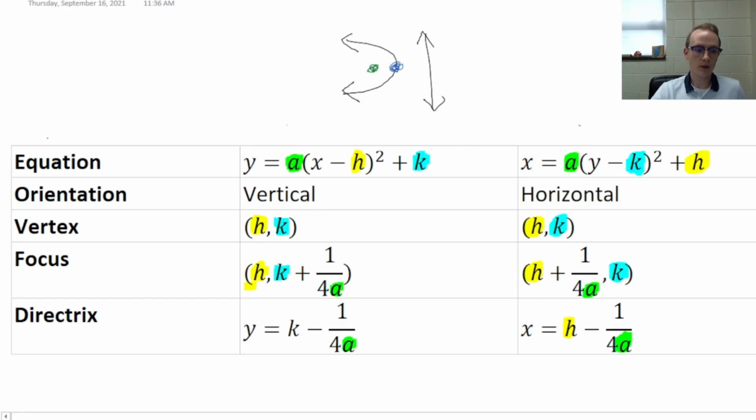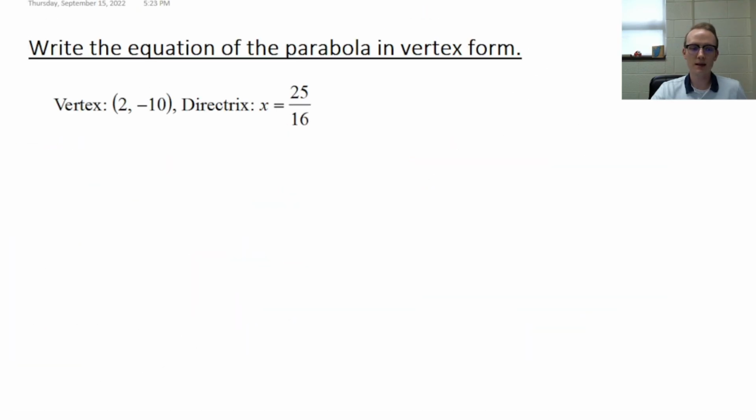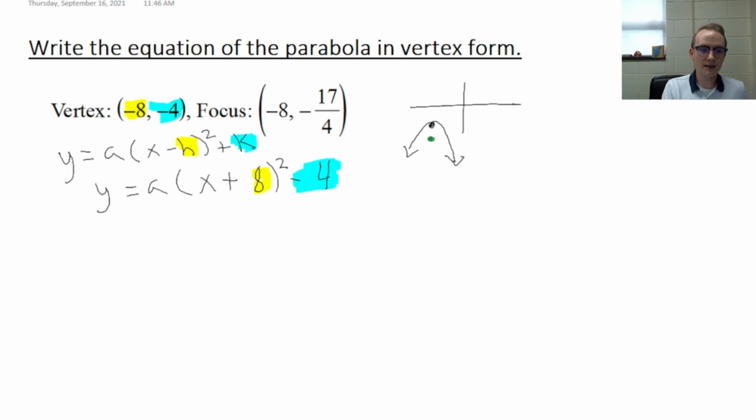Since our focus is below the vertex, technically it's below, but remember, a is going to be negative in this case, so we're going to say that the distance between our vertex and our focus is just equal to 1 over 4a. And what is the distance between our vertex and our focus? Okay, I suppose you could use the distance formula, but we don't need to do that.